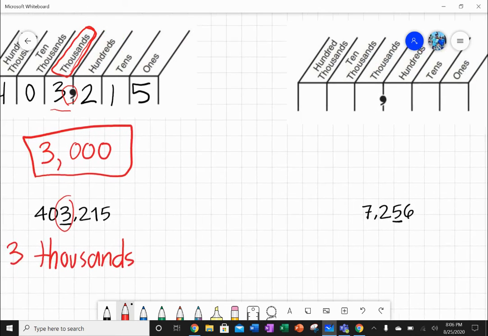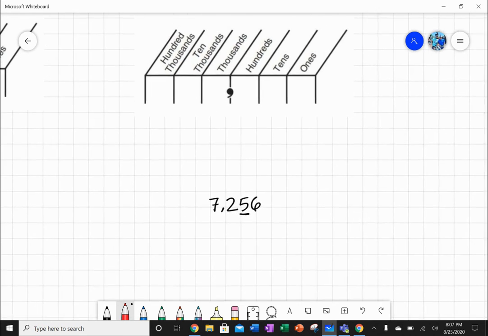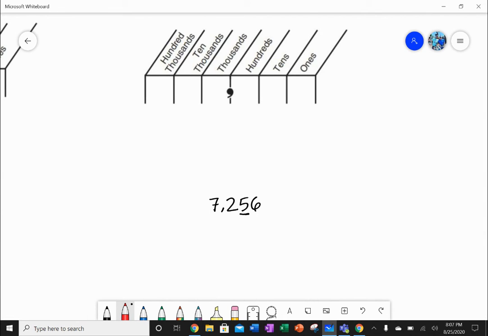Okay, on the second part of our assignment, we are asked to again use the place value chart, find the value of the underlined digit, and also use our drawing tools to show the place value. Remember when we started in our Cornell notes, we have how to show it.